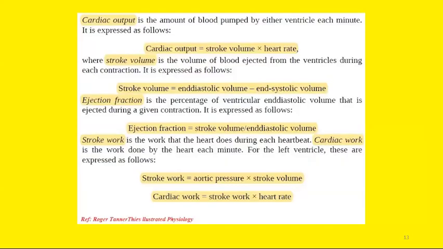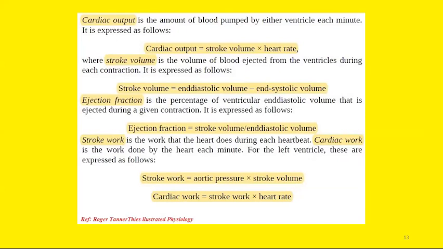So cardiac output may be calculated as stroke volume multiplied by heart rate. The amount of blood pumped by the heart in 1 minute is the cardiac output. This is equal to 5 liters per minute.